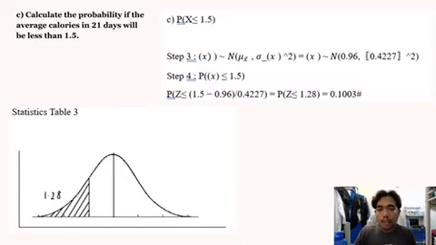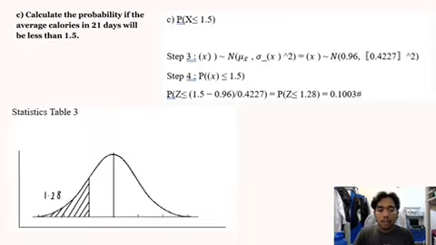Okay, for question C, calculate the probability if the average calories in 21 days will be less than 1.5. So, the probability of the frequency x bar less than 1.5. From question B, we continue with step 3, and we get the value, and we continue with step 4.